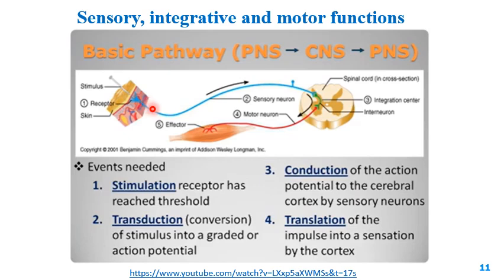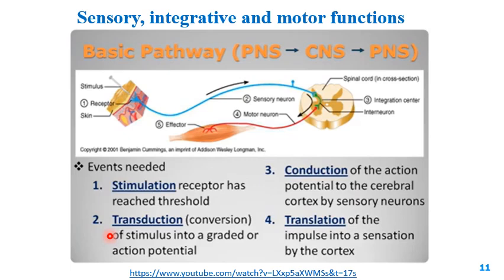This is the traveling of the action potential. First you start with the stimulation, then whether or not you're going to activate your action potential. This is called transduction. When you get from graded to action potential, this change you call the transduction period.